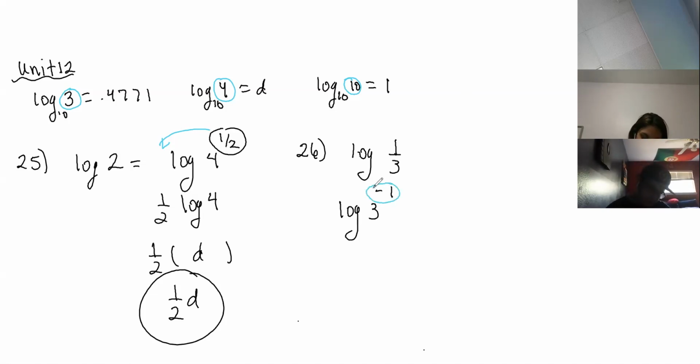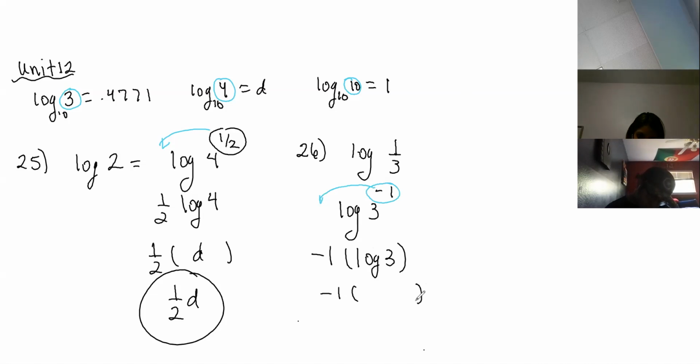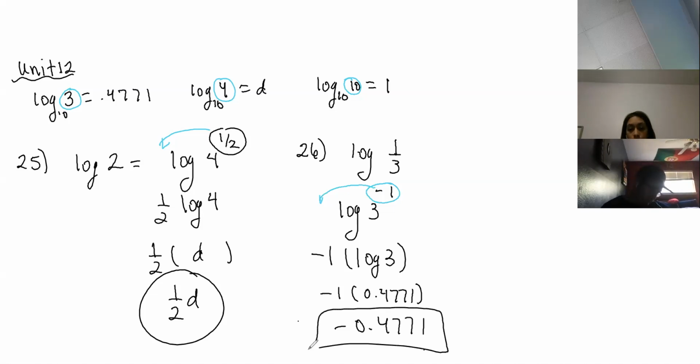Push it to the front. So that gives me -1 times log of 3, which is -1 times what is log of 3? 0.4771. So what is the final answer? -0.4771. Yep. Makes sense? Yeah. Good.